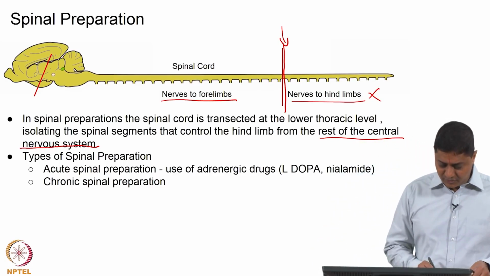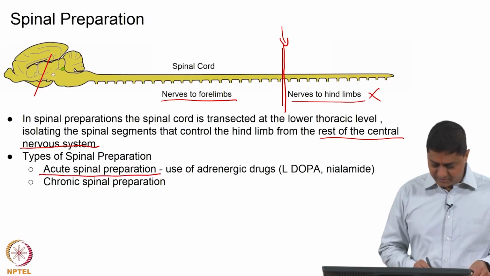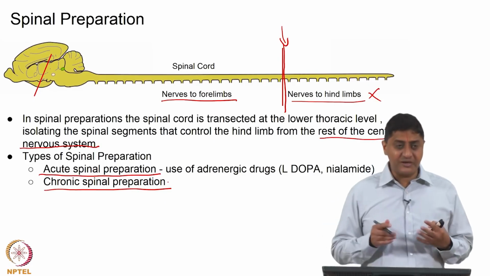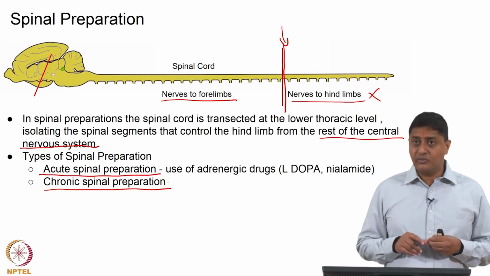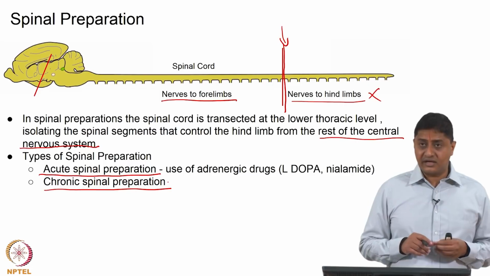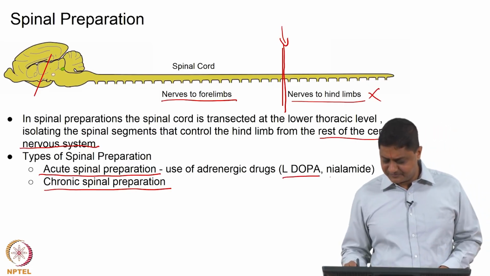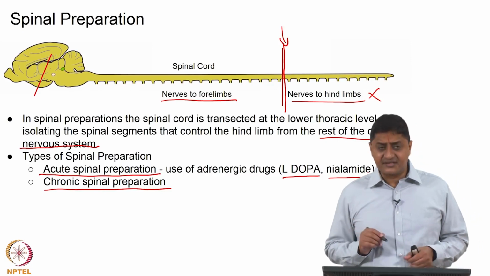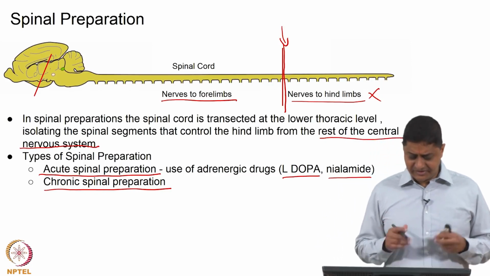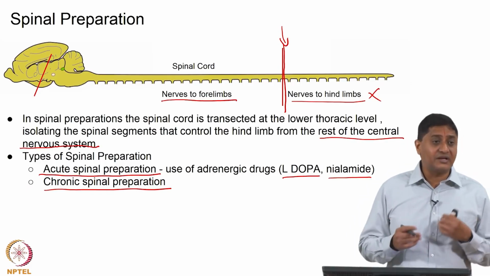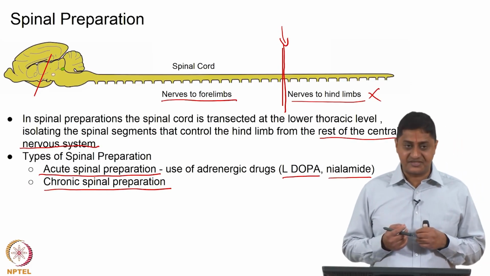One is the acute spinal preparation, the other one is the chronic spinal preparation. In the acute spinal preparation, the locomotor like activity is generated by the use of adrenergic drugs such as L-dopa and nialamide. When these are used, there are spontaneous locomotor like movements that are present.